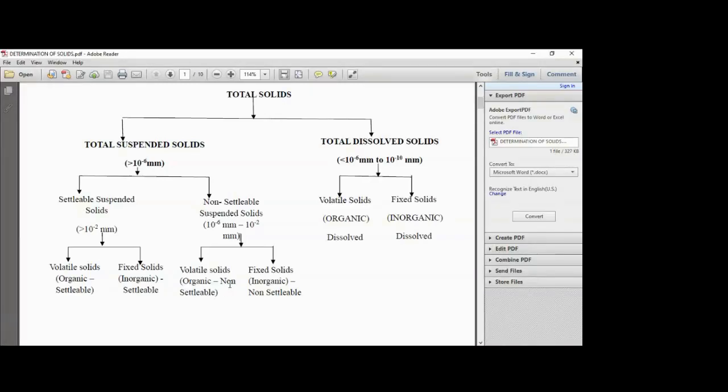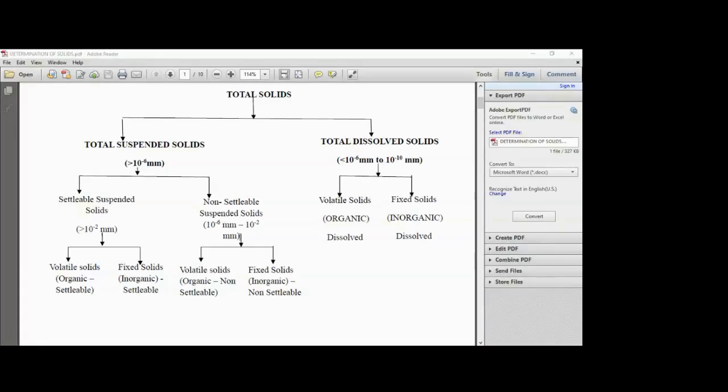But in a sewage treatment plant, we do not use any chemical except in the chlorination stage. When we have to do disinfection, only then do we use chlorine or sodium hypochlorite as the disinfectant. Apart from that, in the entire STP, we are not going to use chemicals anywhere, right?